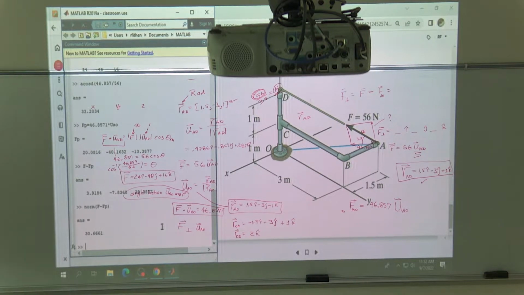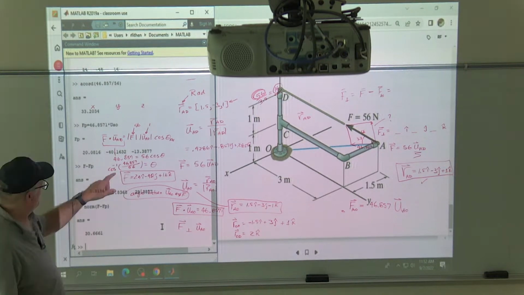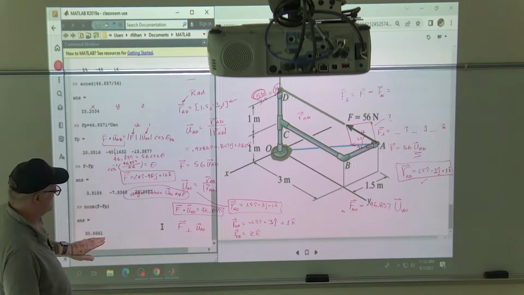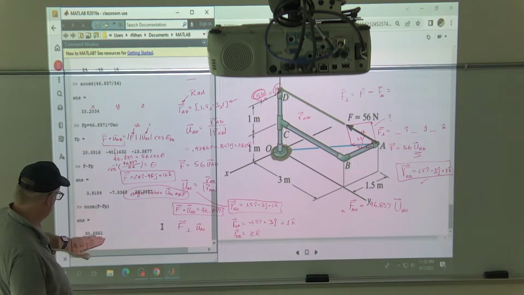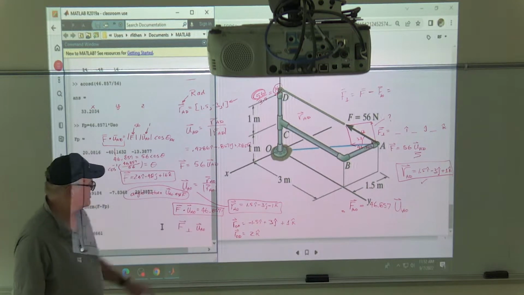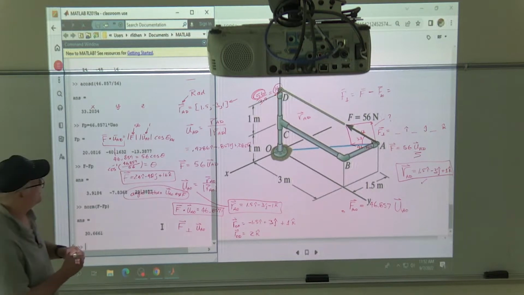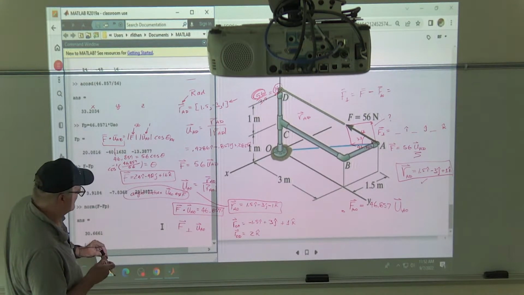Is that the same thing I got? Did I ever find that? I don't think I ever found that one, did I? Okay, so what's this squared times that squared? 30, 46. So I never really went in and found this.